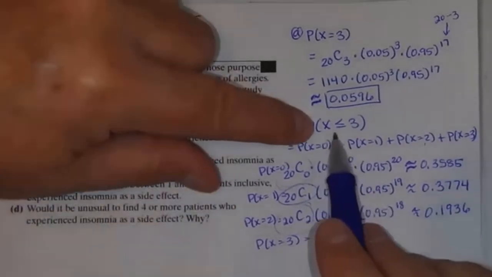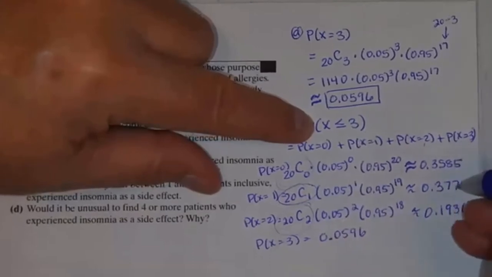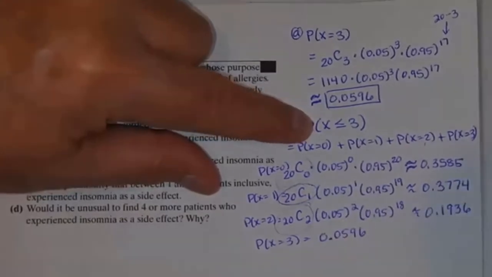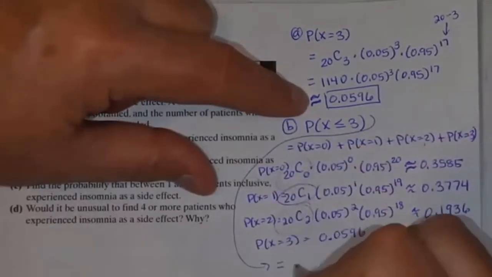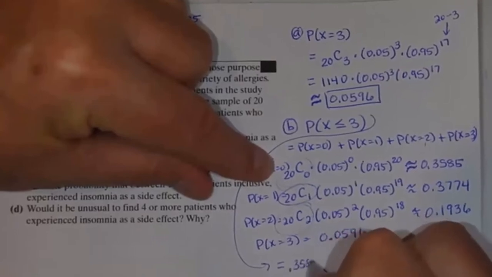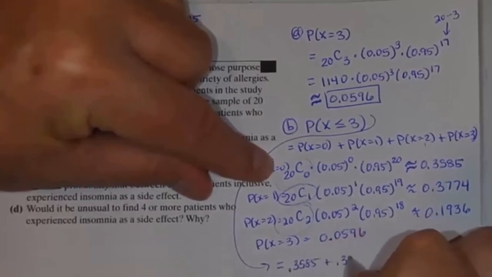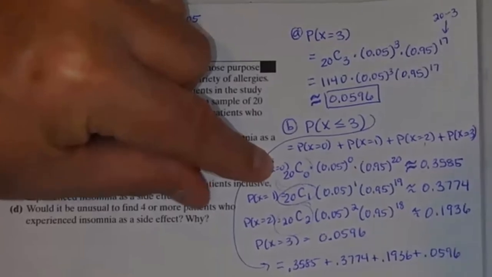So the probability of 3 or fewer successes is going to be this plus this plus this plus this. So this is going to equal 0.3585 plus 0.3774 plus 0.1936 plus 0.0596.